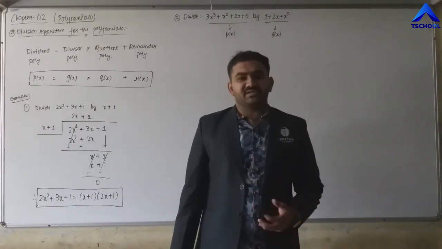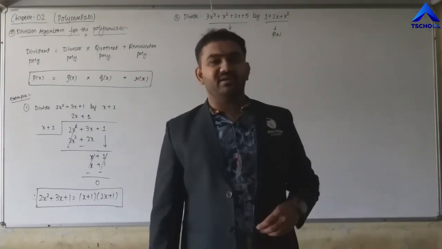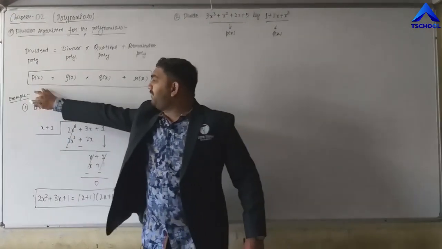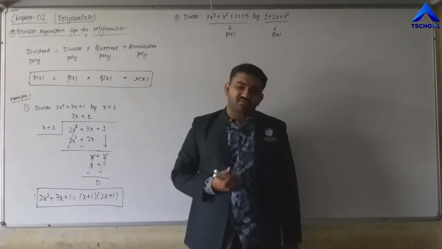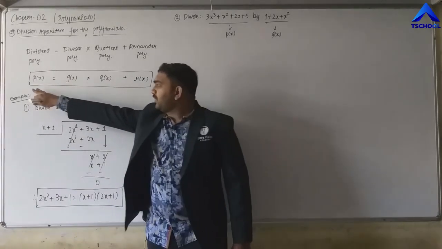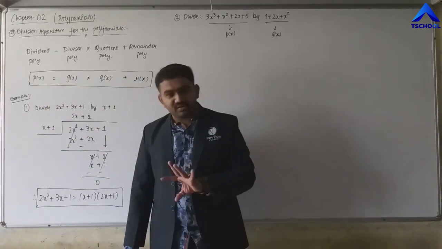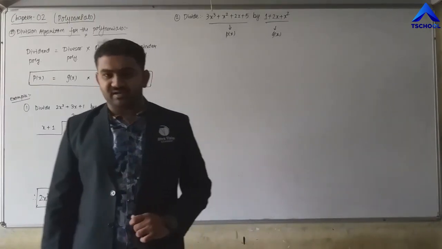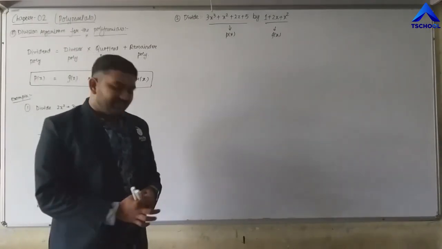Or vice versa, the degree of the dividend polynomial must be greater than the degree of the divisor polynomial. That means degree of p of x must be greater than the degree of g of x. Note that. What is degree? We have already studied it at the start of this chapter. Degree of p of x here must be greater than the degree of g of x, or vice versa, degree of g of x must be less than the degree of p of x. Is it clear? So you are going to select the polynomials in that manner.